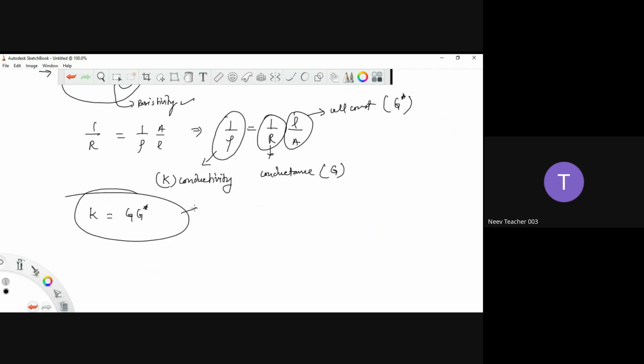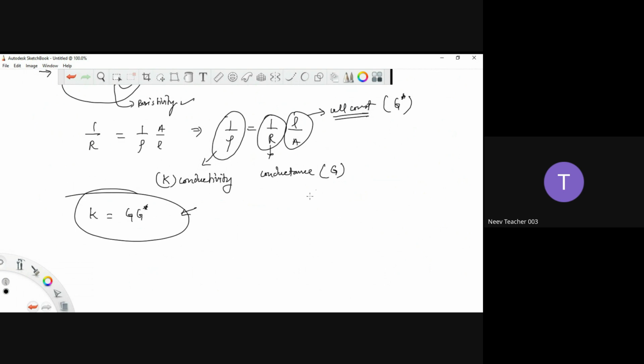If the electrolyte is the same and your cell is the same, then the cell constant remains the same. The electrolyte can be of different concentration, but the cell constant depends on the length and the area of cross section.